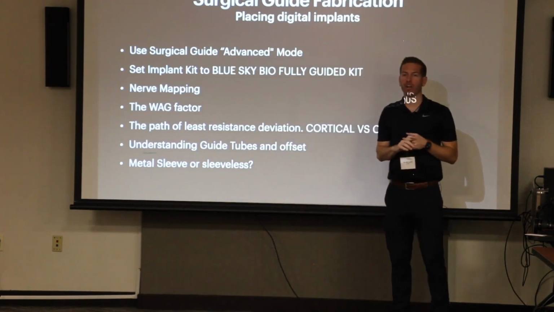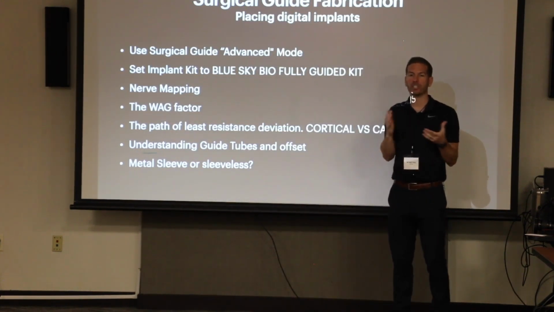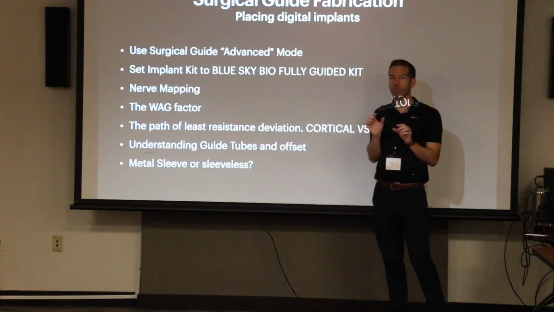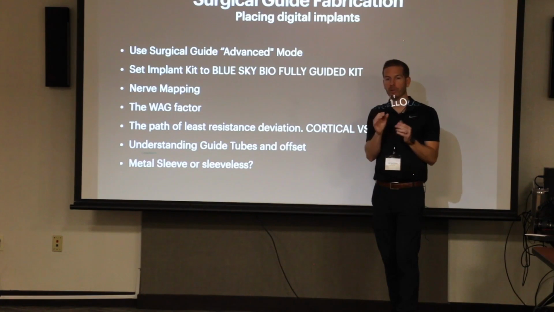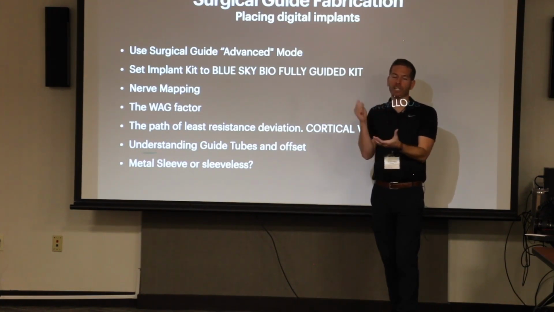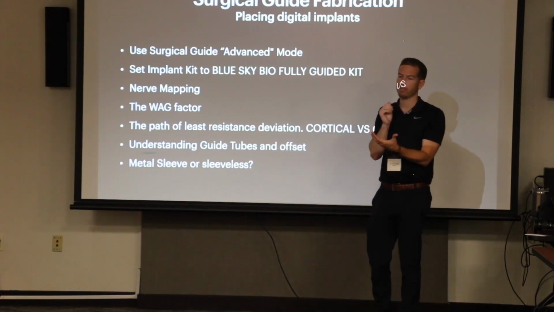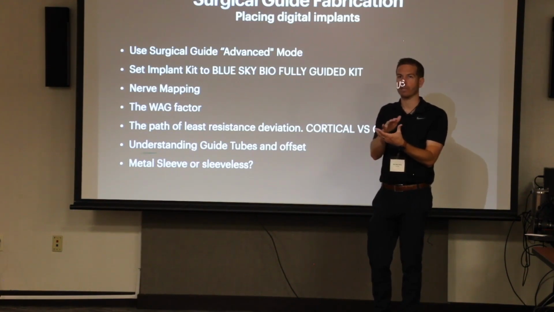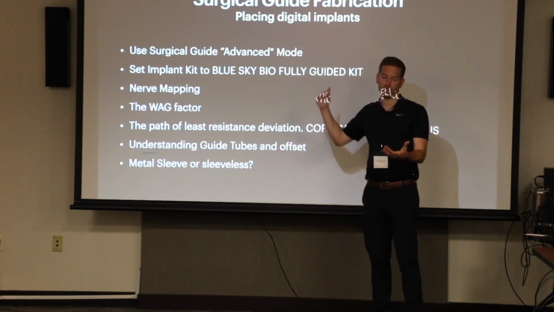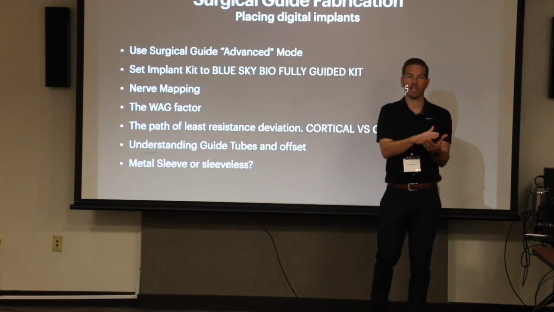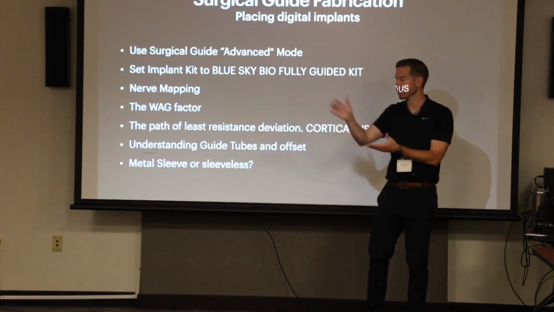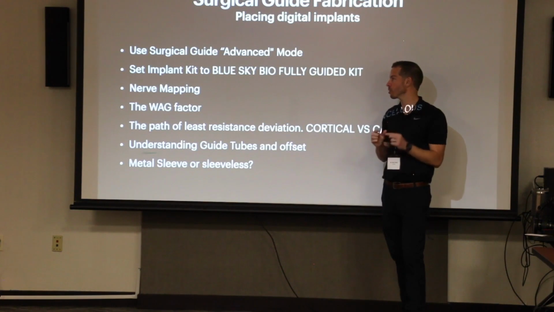Well, one is we want to think about shortest distance possible, and generally we're going to start with a small drill. The smallest drill is that 6mm drill, so it's going to have less play. When we punch through the cortex and start that osteotomy with a short drill, we've had less wag factor to begin with. We haven't grabbed the 13mm drill and tried to go right through the guide tube, where it can deviate off in different directions.